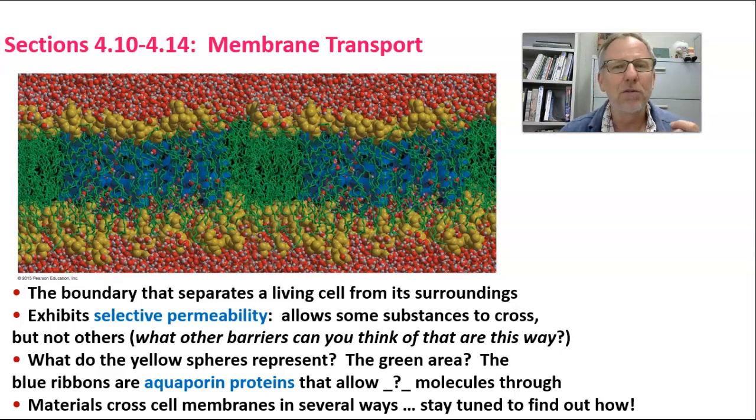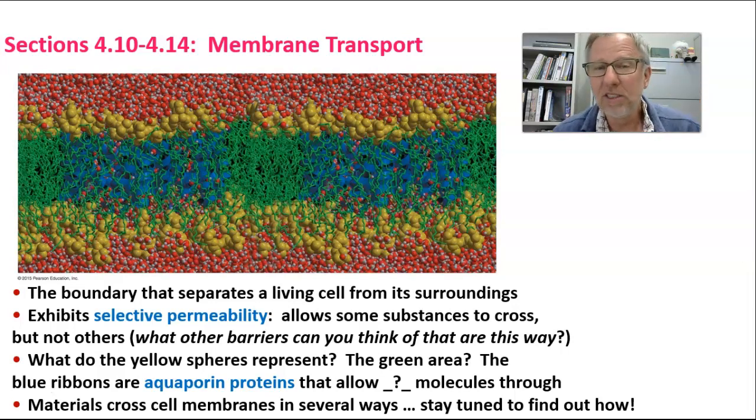Those would be the hydrophilic heads of the phospholipids, which contain the phosphate group and the nitrogen choline group. What about the green areas in between those yellow spheres? Those are the hydrophobic tails, the fatty acids in between. It's kind of like a sandwich.